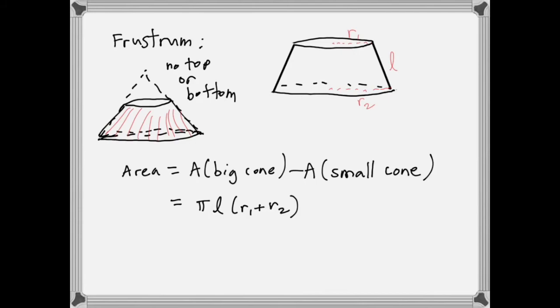But to make this look a little nicer, you can multiply by 2 and then divide by 2. The reason we're doing that is because (R1 plus R2) over 2 is really just the midpoint, or the average of the two radii, right? And so you end up with 2 pi times R bar times L.